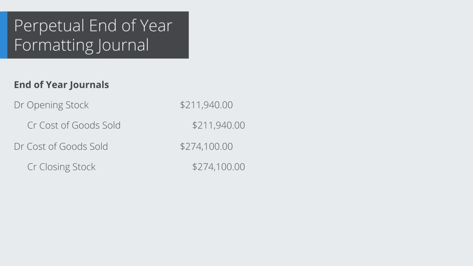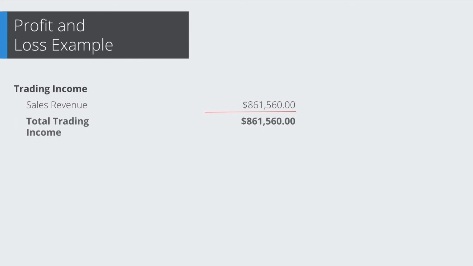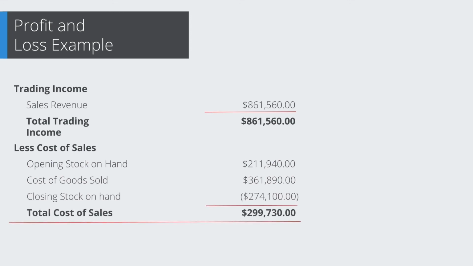Opening stock, cost of goods sold, and closing stock are all sitting in the same part of our profit and loss under the cost of goods sold, which gives it a net effect of 0. So if you now look at our profit and loss, after putting through that formatting journal, we've got our sales revenue, which hasn't changed. We've now got an opening stock on hand, we've got our cost of goods sold, and our closing stock on hand. So our cost of sales has not changed, giving us the exact same gross profit.